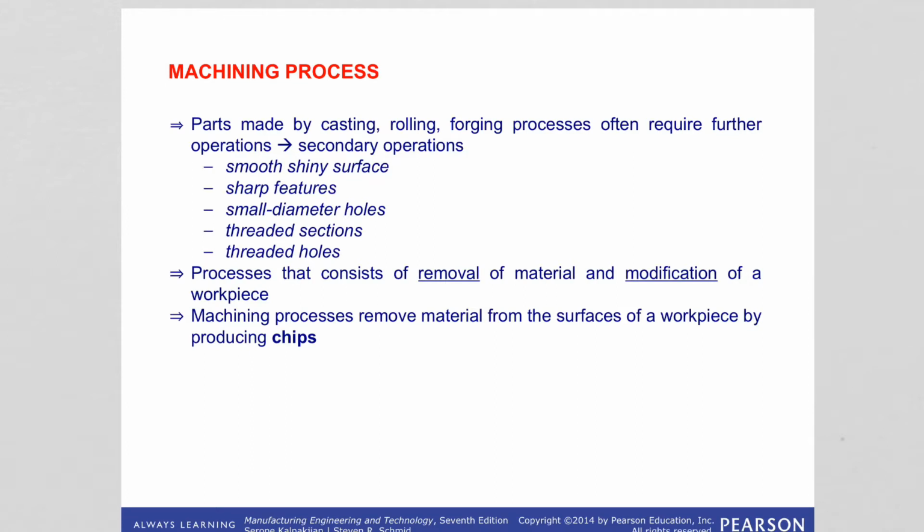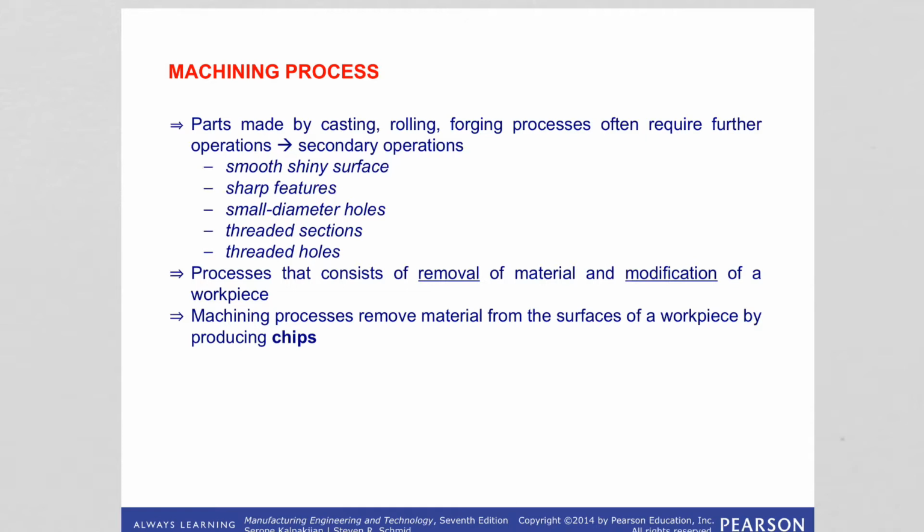The parts that we have shaped with casting or rolling or forging often require further operations, what we call secondary operations. Why do we need secondary operations? We might need a smooth and shiny surface.